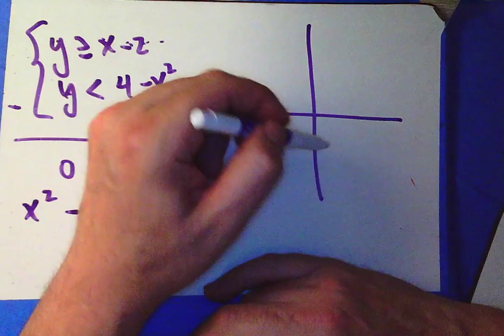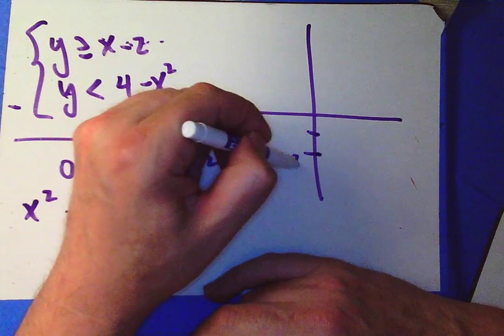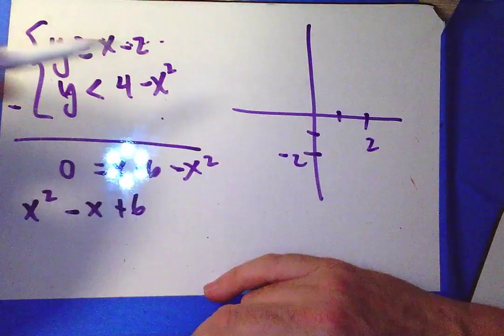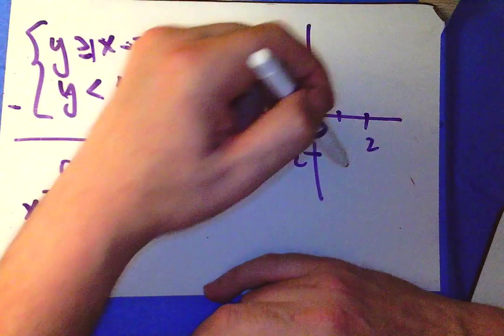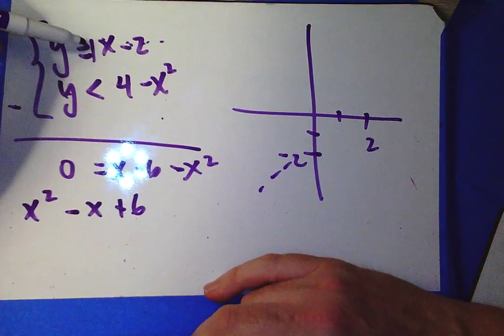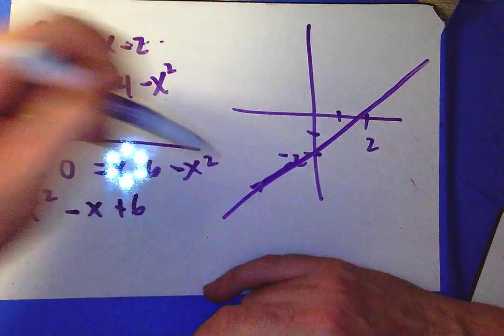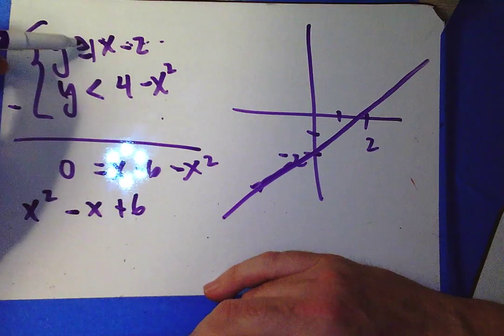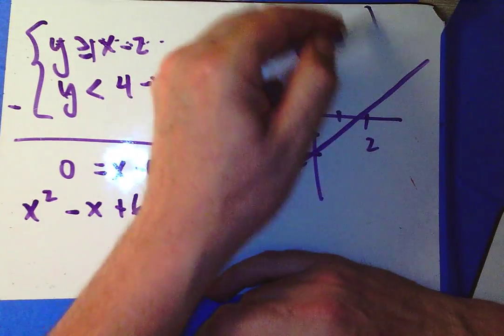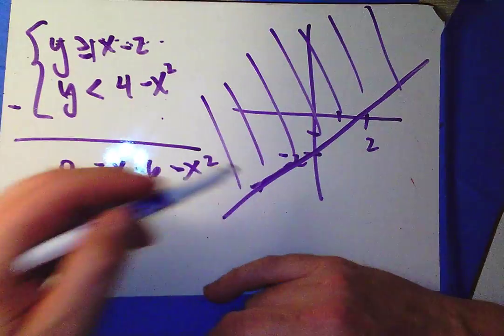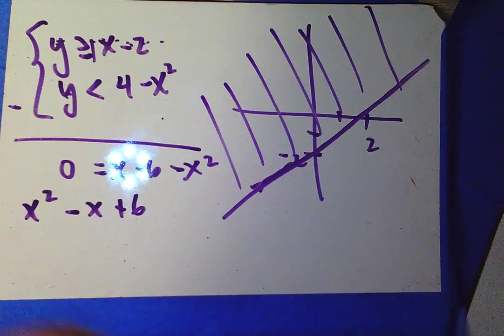So x minus 2. We know that means there's negative 2 and positive 2 because we have a slope of 1. And we have a solid line. And if I plug in 0, 0, 0 is bigger than negative 2, so I'm shading up. Now, what about the other inequality?